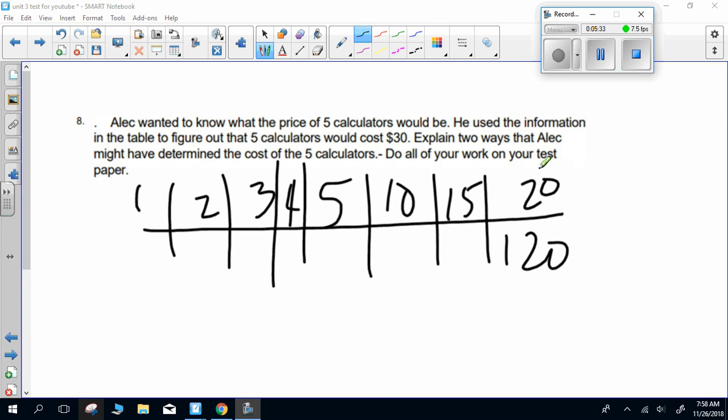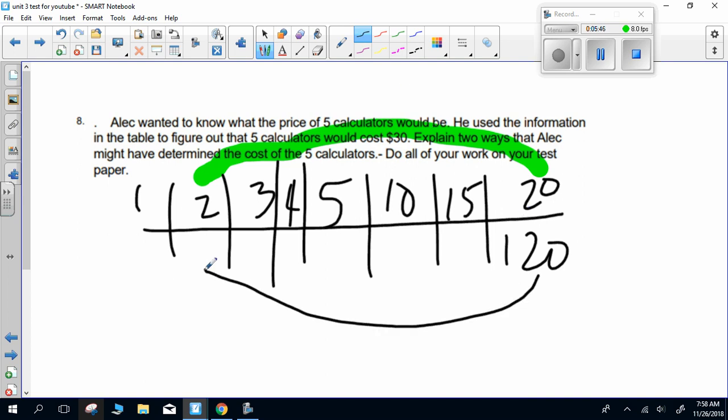And so I know that I can go back here to the 2 by dividing 20 by 10. And if I divide 20 by 10, that means I need to divide 120 by 10, so that would be 12. So 2 calculators are $12. So divide by 2, which would give me 6. So that's one way he could have done it, to get the unit price.